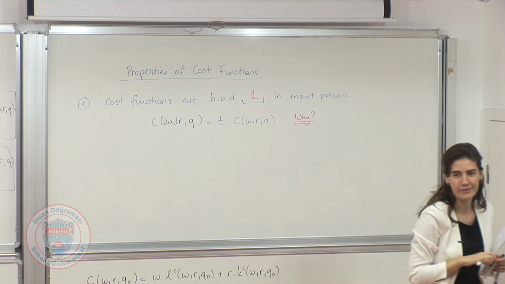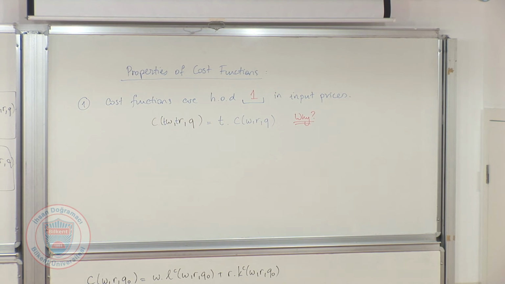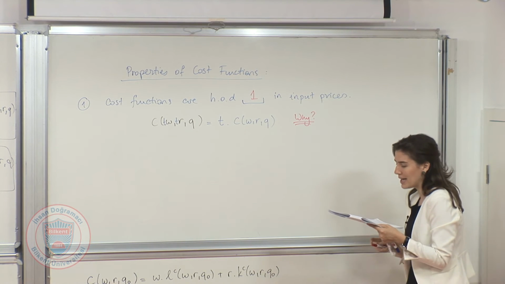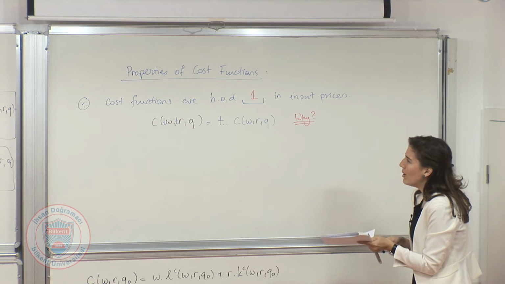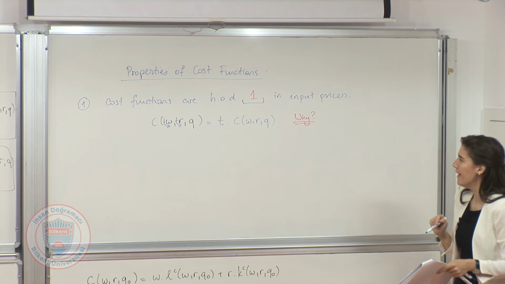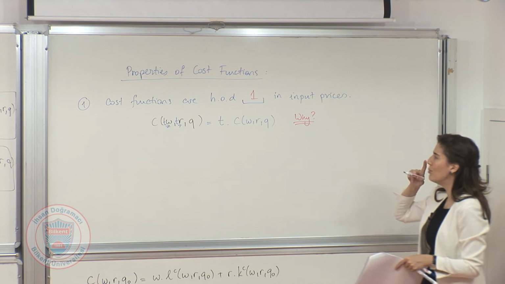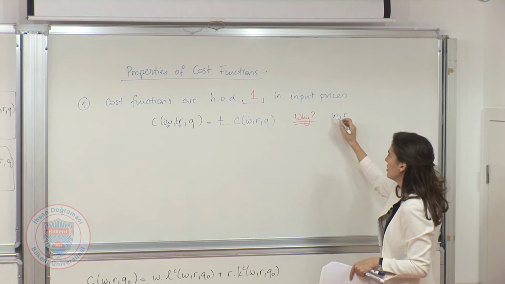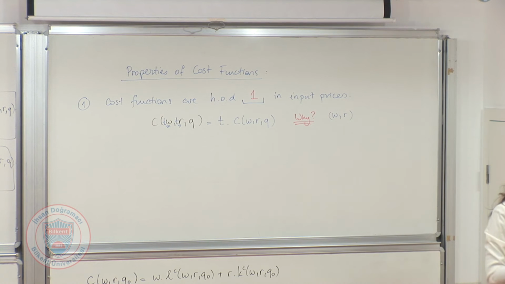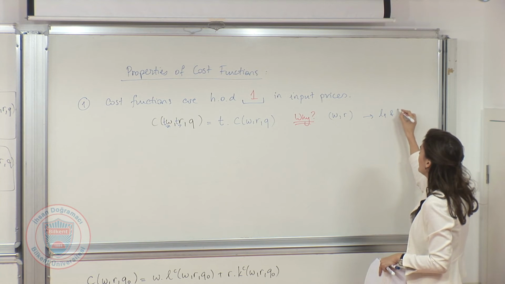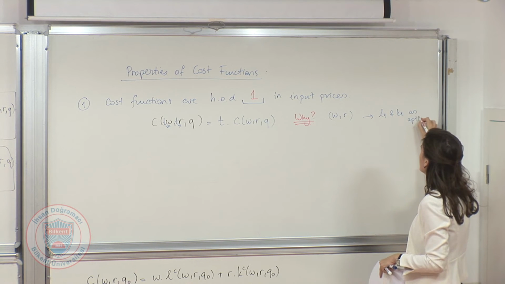Again, I have to make an argument. So let's think: when prices are wage and R, suppose you have L1 and K1 as optimal points.